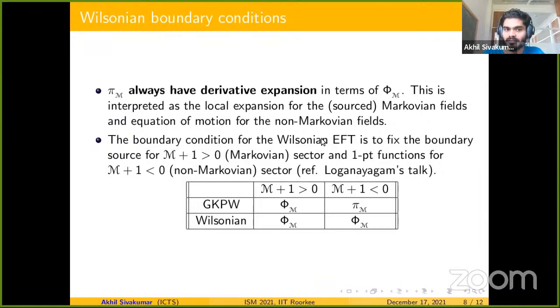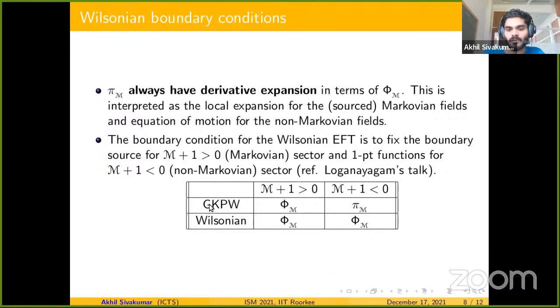So the boundary condition for the Wilsonian EFT is to fix boundary sources for m+1 greater than 0, which are the Markovian modes, which directly map to the gauge fields, and one-point functions for the m+1 less than 0 modes, which are the non-Markovian fields. This is explained more by Loga in his talk. So this is a table summarizing these boundary conditions. The first column is the Markovian sector, the second column is the non-Markovian sector.